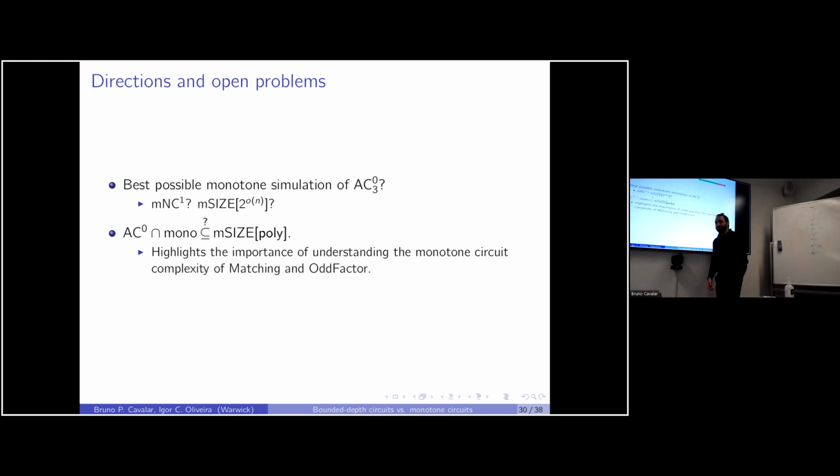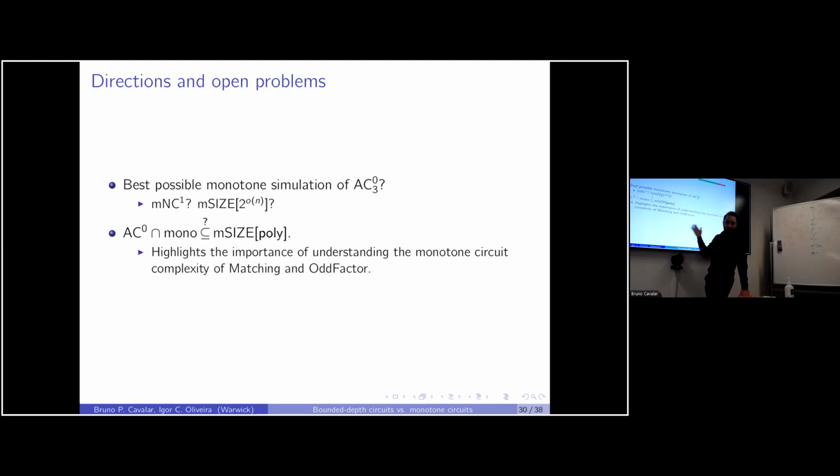And in the question of Grigni and Sipser, there's a very important question, a very simple one, and it highlights the importance of understanding the monotone circuit complexity of matching and odd factor. We have this exponential monotone formula lower bound for computing odd factor, which is equivalent to this square root of n depth lower bound for odd factor.